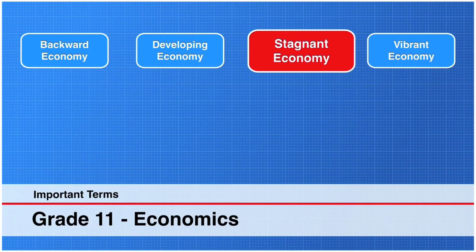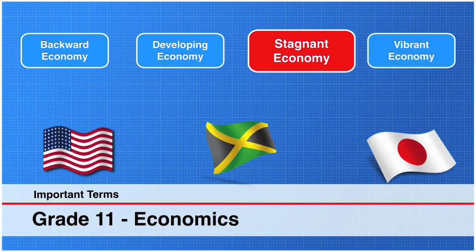Being that we're here in Japan, you should all be very familiar with this because Japan is commonly referred to as one of the most clear examples of a stagnant economy. Things in Japan are actually quite good. The level of infrastructure is quite high. People have a good standard of living, but we are still stagnant. That means the amount of growth happening in this economy on a year-by-year basis has changed very little. Modern day examples of these types of economies include the United States, Japan, and Jamaica.